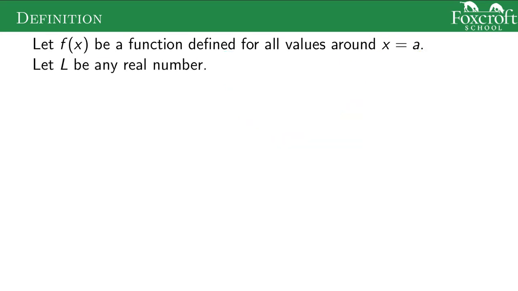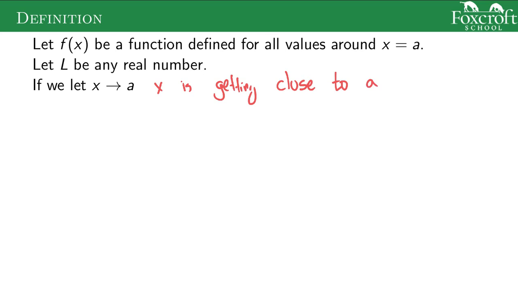All right, the next thing, let L, capital L, be any real number. So just a number, it'll be important what the number is, but for now it's just knowing L is a number. All right, we're going to let x arrow a, that means we're going to let x get close to a. All right, so we want our x values to get as close as possible.